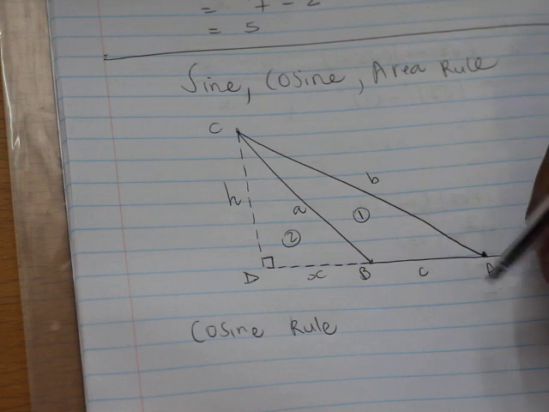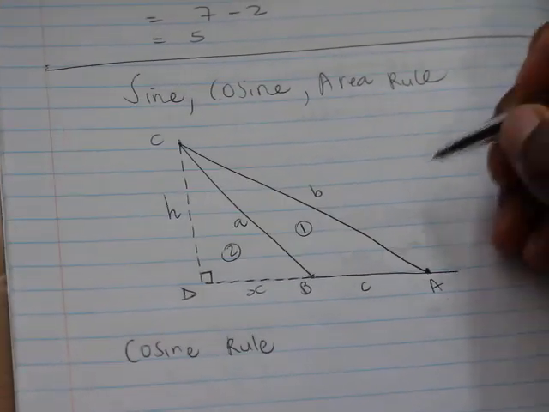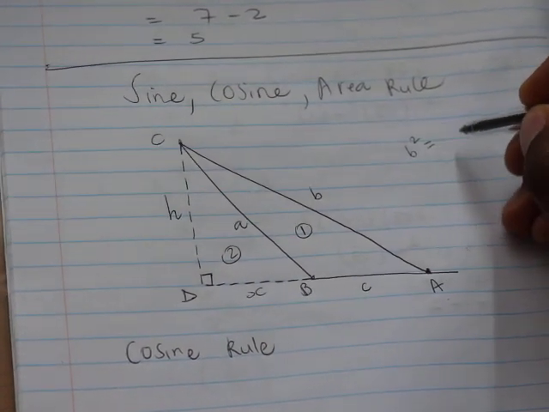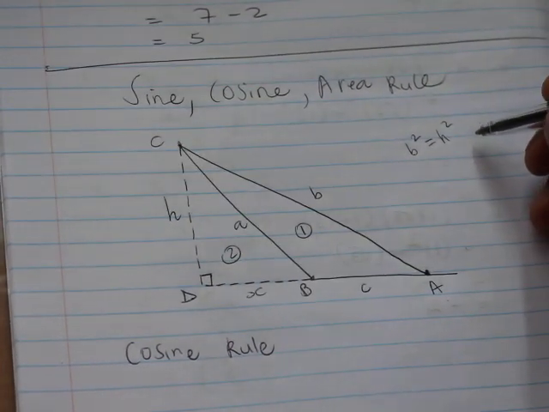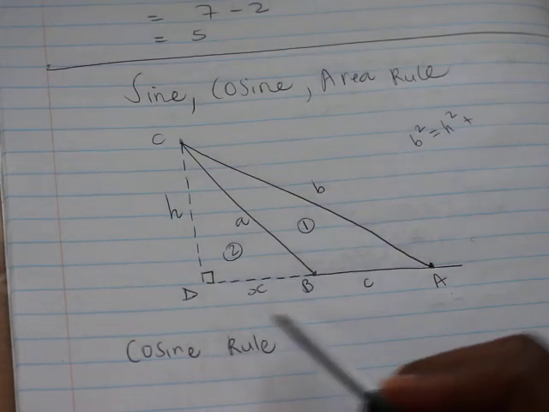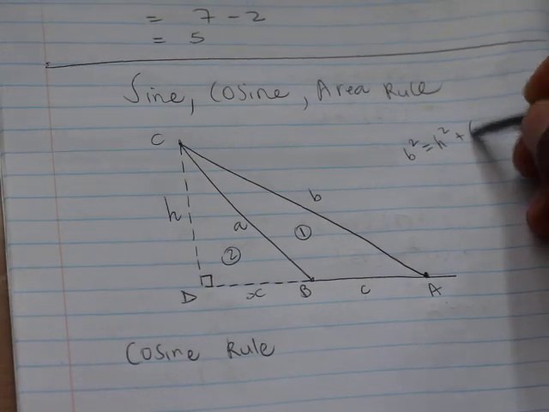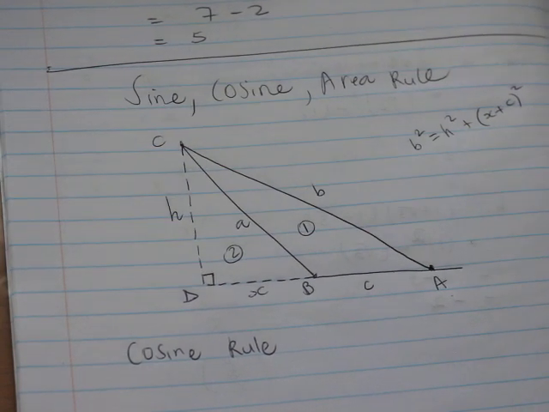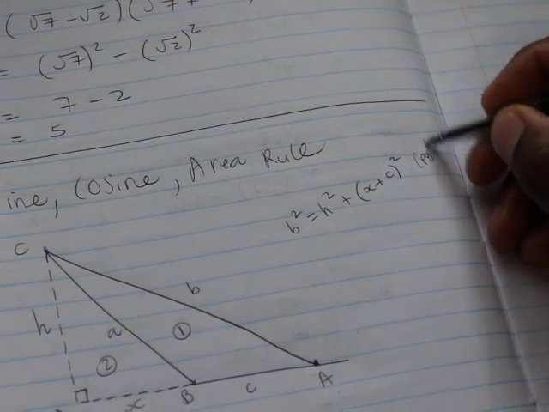But b within ACD is what we call the hypotenuse. Okay, so we know that b squared is going to be equal to h squared, plus, remember, if this is c and that is x, the whole of AD is going to be the sum of c and x. Do you understand? So meaning that we're going to have x plus c over there, squared. All right, and you need to indicate that this is Pythagoras.